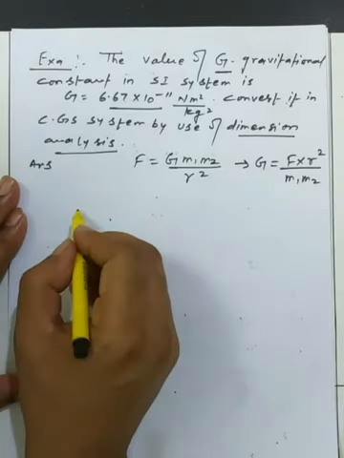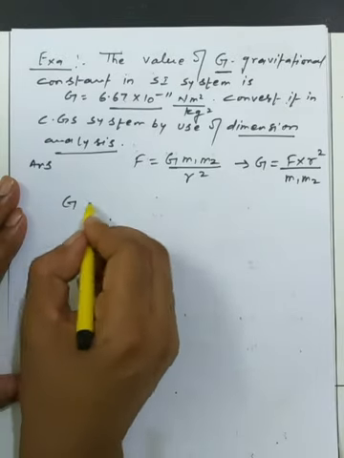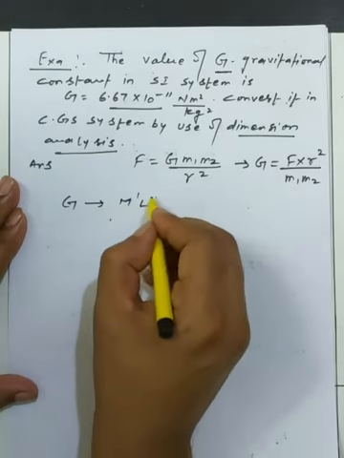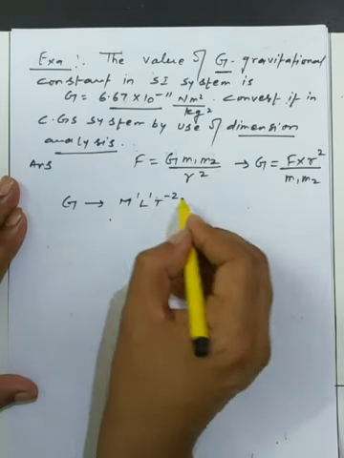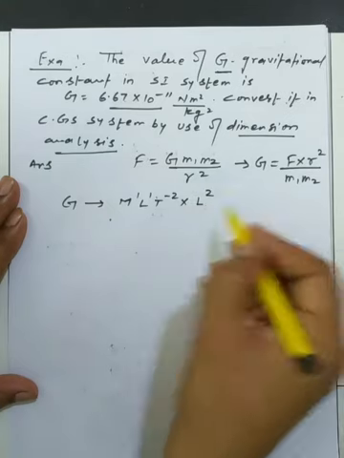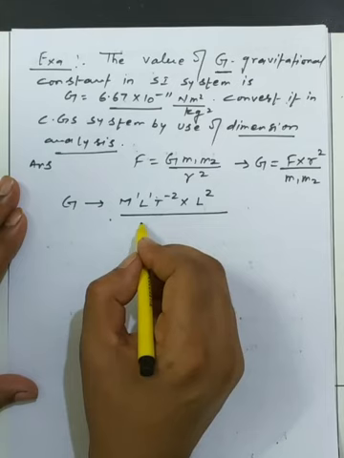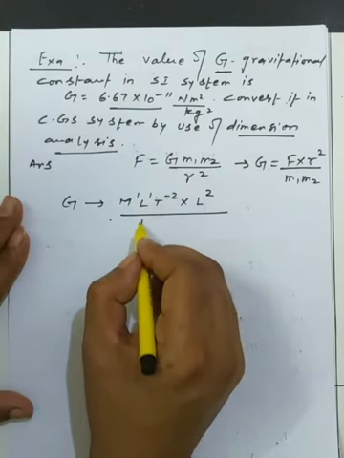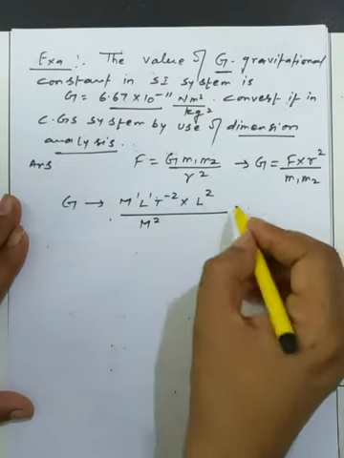Now I am easily able to write the dimension of G. Force has the dimension M1 L1 T minus 2, students, and R is a length, so I write L2. Masses M1 and M2 appear two times, so I write M2.